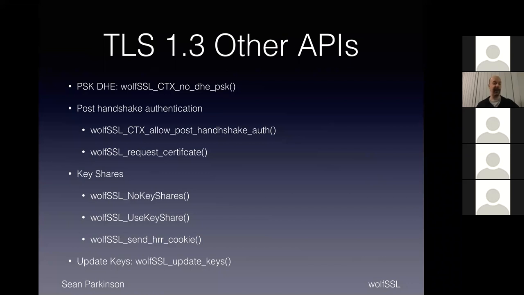So if you want to use a hello retry request to negotiate which key exchange algorithm to use, then call wolfSSL no key shares. As I said, the client hello contains the key pairs from the client.